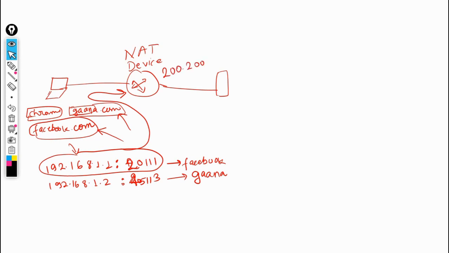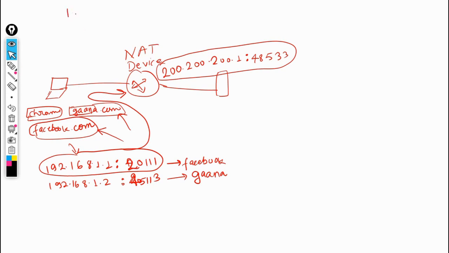I'm just taking any random IP address, 200.200.200.1. Now it will put another source port, let's suppose 48533, and it stores this information in the network address translation table. It is stored here.